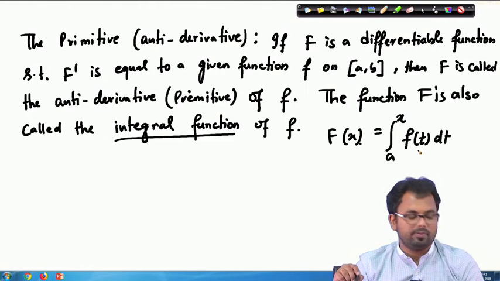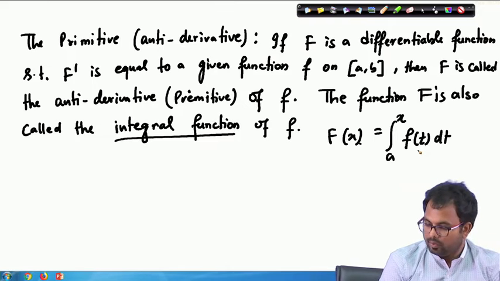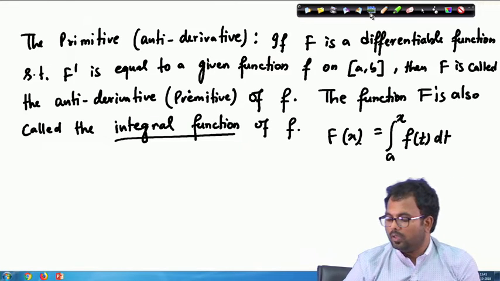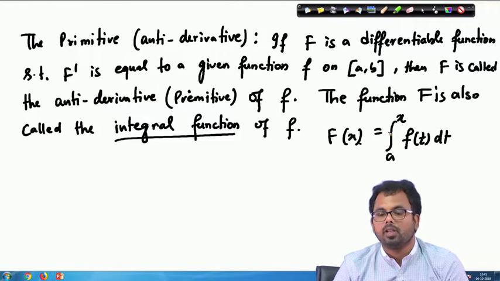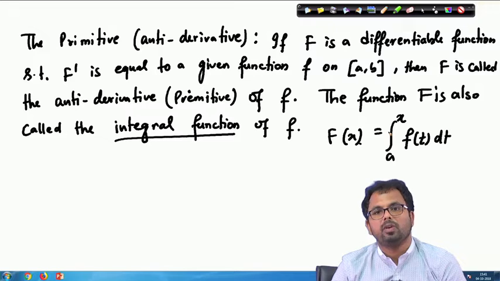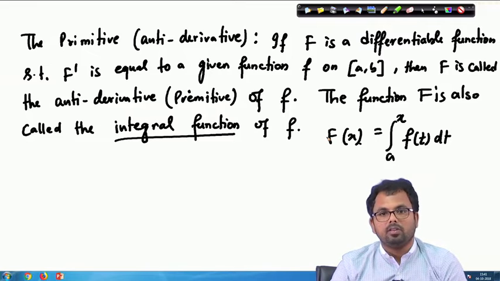But you see that in order to write this expression, we need some special conditions on the functions small f and capital F. We cannot just simply write every function capital F in this integral form.